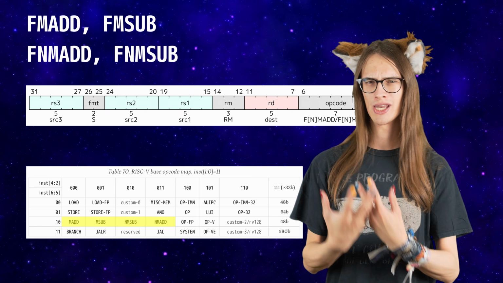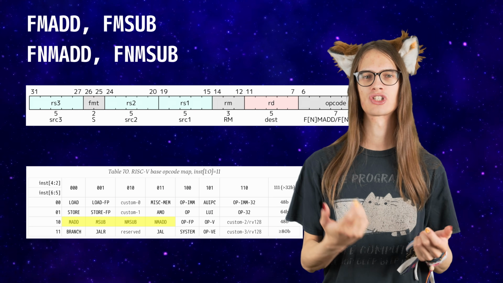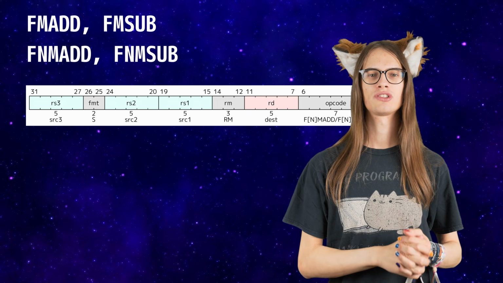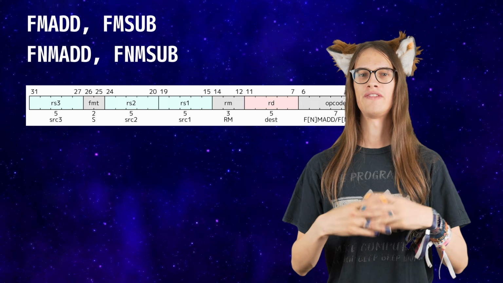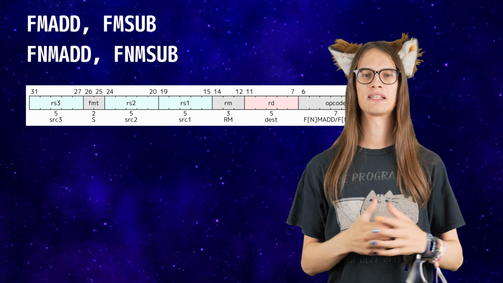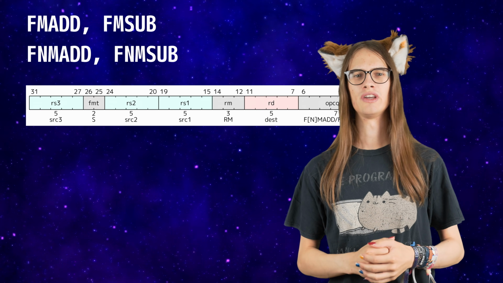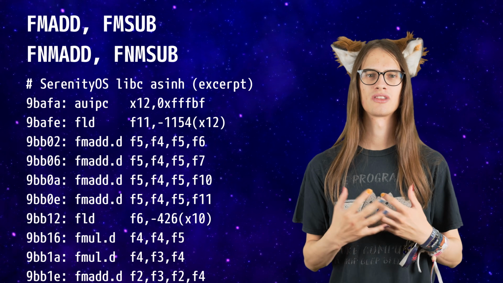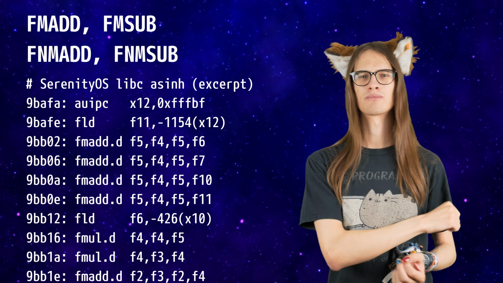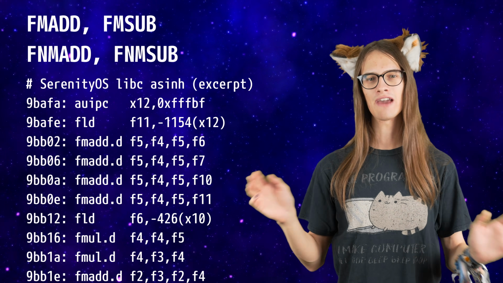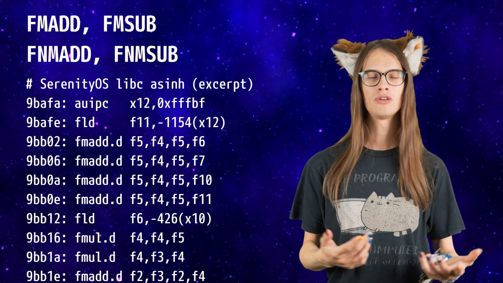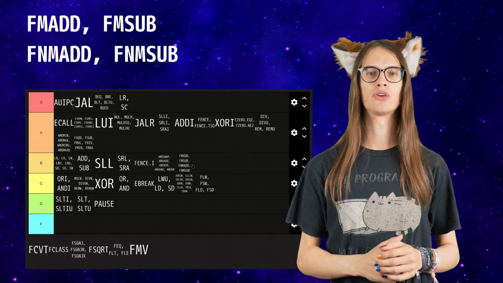I have seen quite a bit of arguing that this is very much not worth it, that these instructions should have rather been used for vector instructions with dedicated masks and the likes. But when reading assembly code, it is notable how much these instructions are indeed used in practice for basically everything in floating point math, so they seem to be really worth it. I'm still giving them B tier overall.